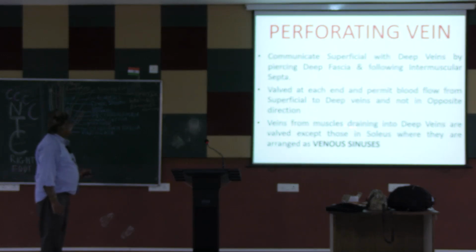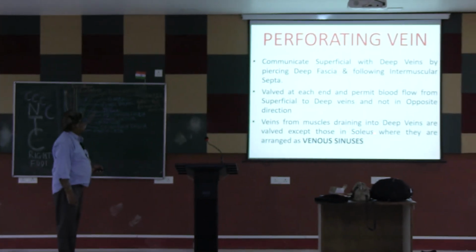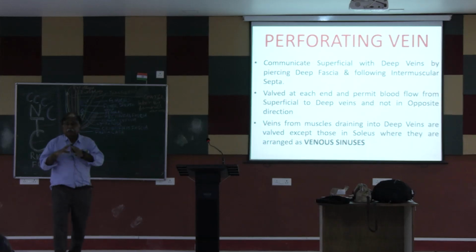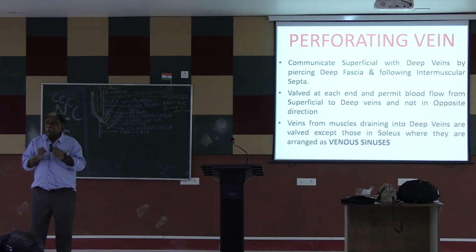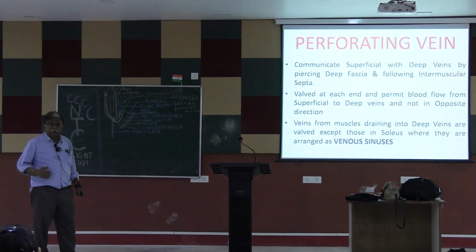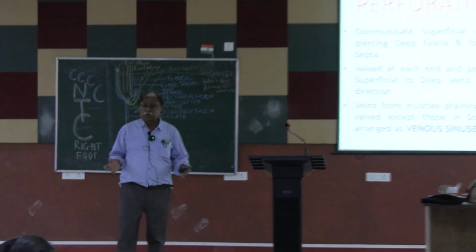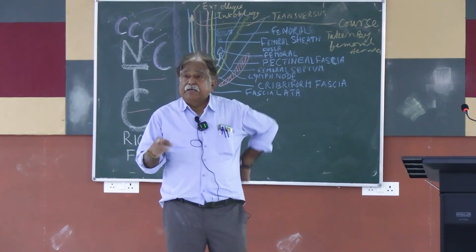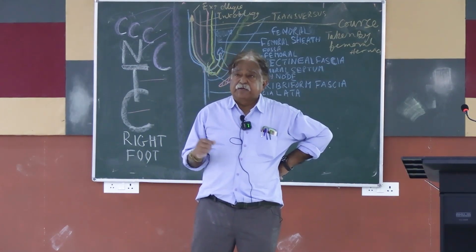Veins from muscles draining into deep veins are valved except those in the soleus, where they are arranged as venous sinuses. Venous sinuses. So the whole thing is pumping. You see a runner, or when you are dancing or running at high speed or low speed, you don't get fatigued. So if there is any vascular disorder, then you get fatigue.